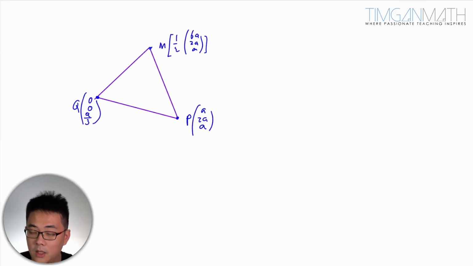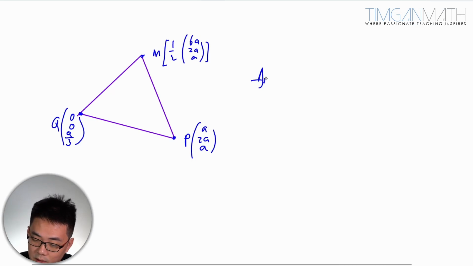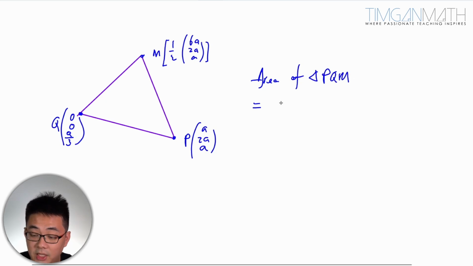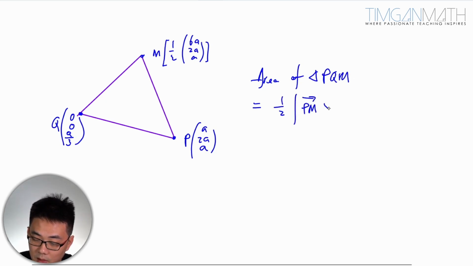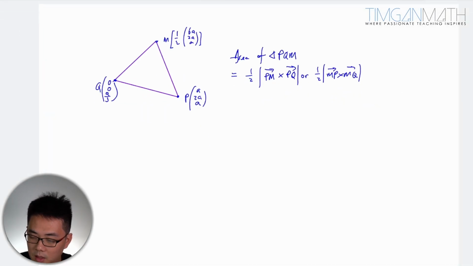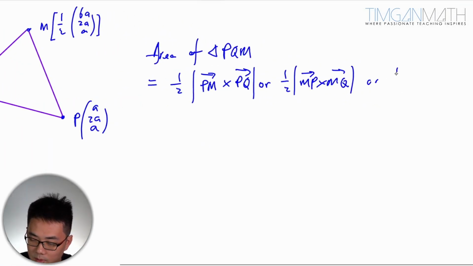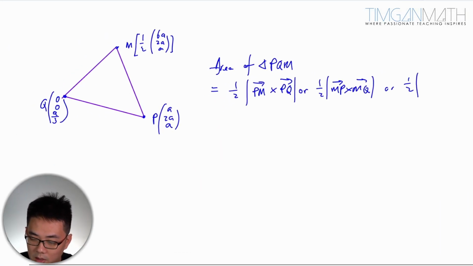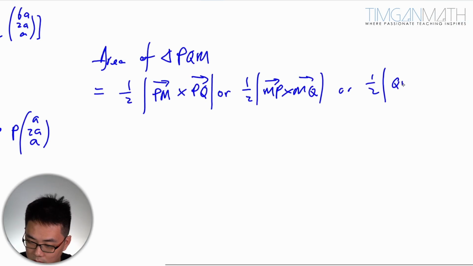Okay, great. So area of triangle PQM, you can take any adjacent side and cross them. So it could be PM cross with PQ, or it could be half MP cross with MQ, or it could be QM cross with QP.